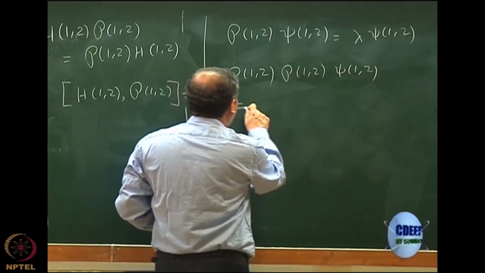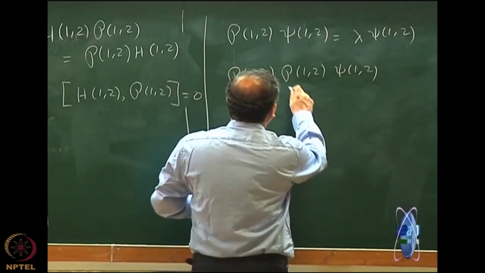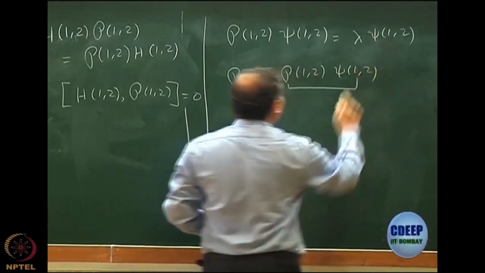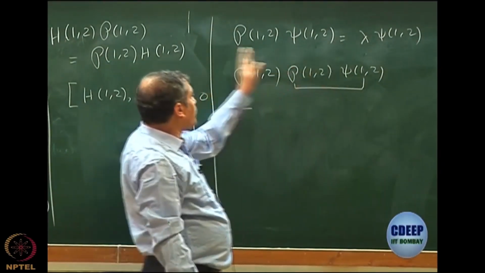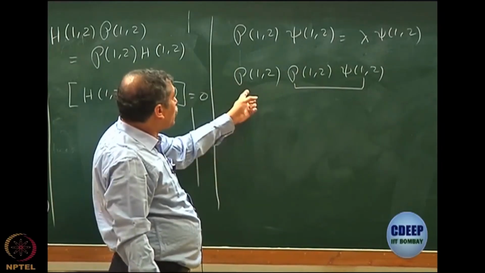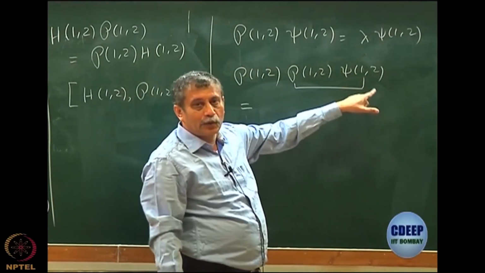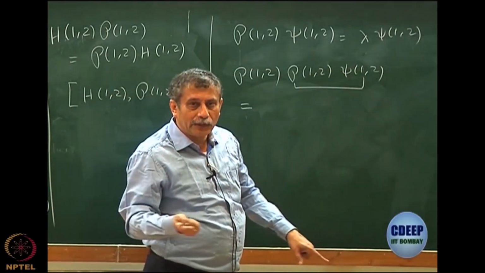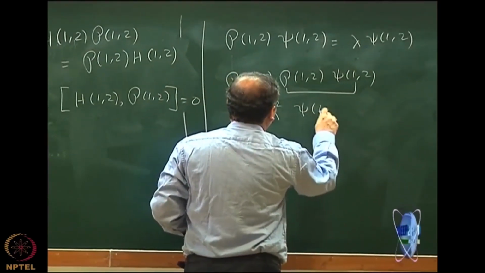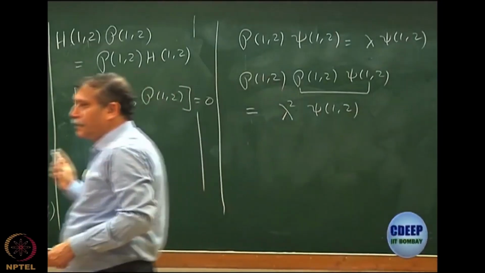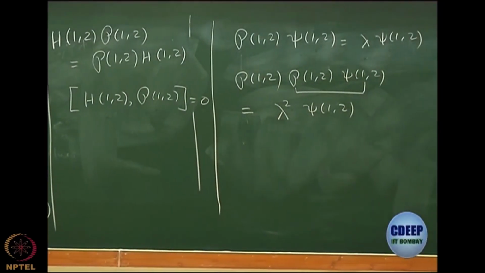If you look at the eigenvalue equation, this gives you lambda times psi12, right. Lambda is a number, so it can be taken out. Then P12 will again act on psi12 to give you another lambda times psi12. So, the result will become lambda square psi12. Is it clear to everybody? Because the eigenvalue equation is repeated twice.